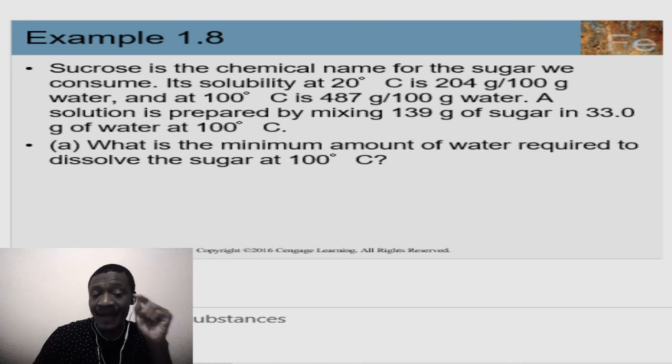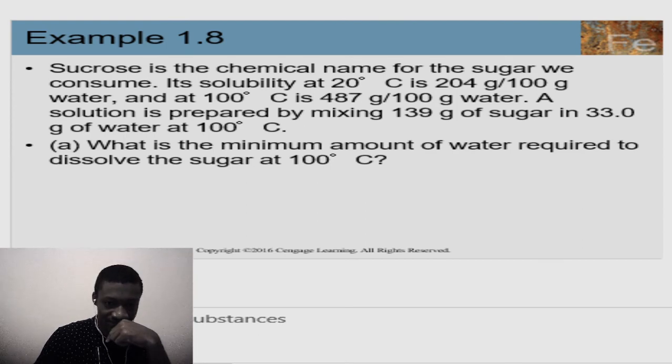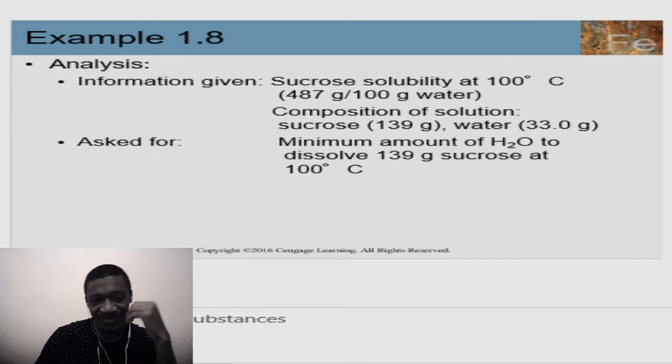Notice the question is minimum amount of water, not sugar, and it says minimum. So this one is going to be hard, so don't pause the video for this one. Let's just do this one. We'll see another one later where you might have to pause the video, so thank me later.